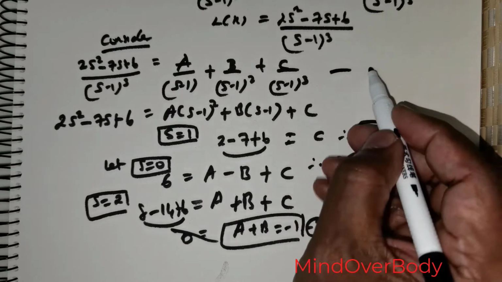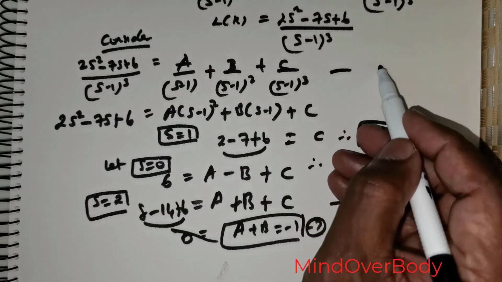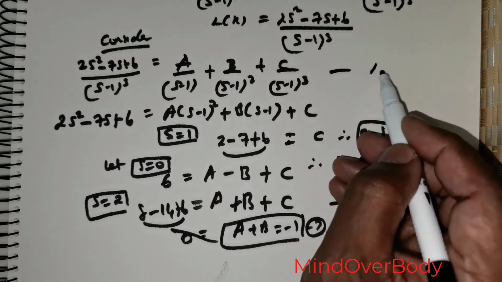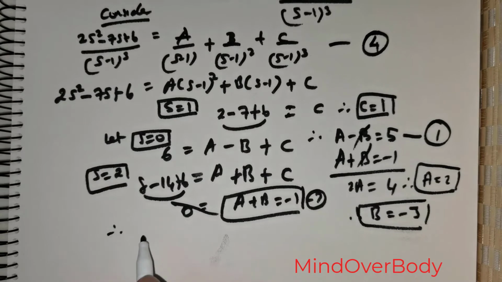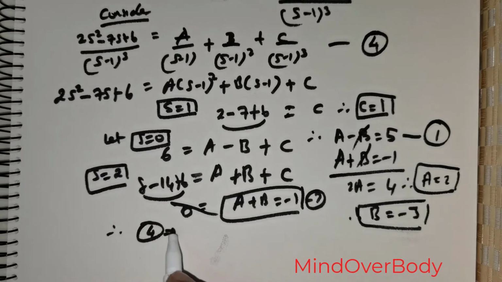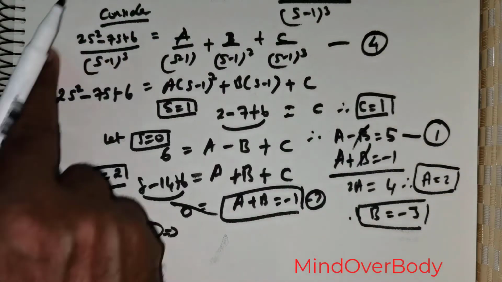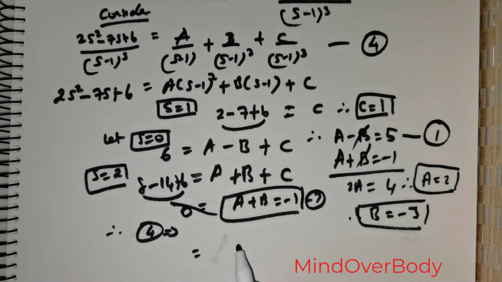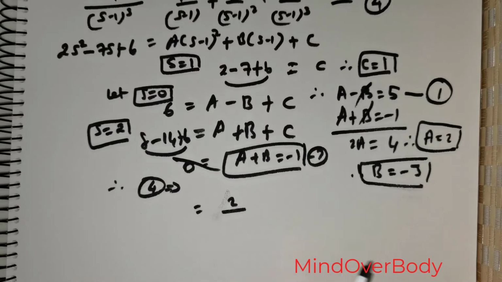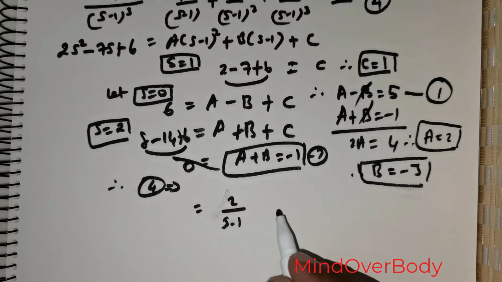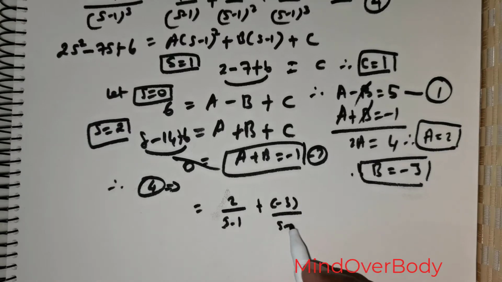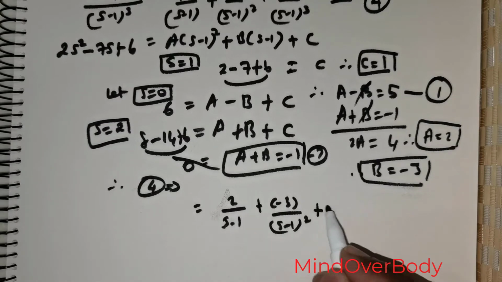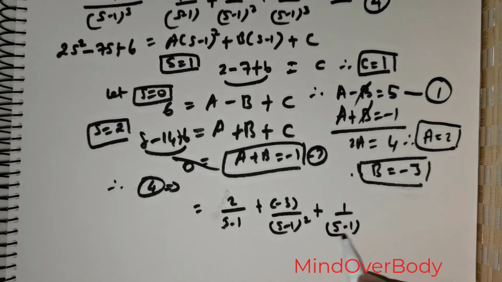So if I were to take this as, say, some 4, something like that, I can rewrite 4 as, this entire component is rewritten like this: 2 over s negative 1 positive of negative 3 over s negative 1 raised to the power of 2 positive 1 over s negative 1 raised to the power of 3.